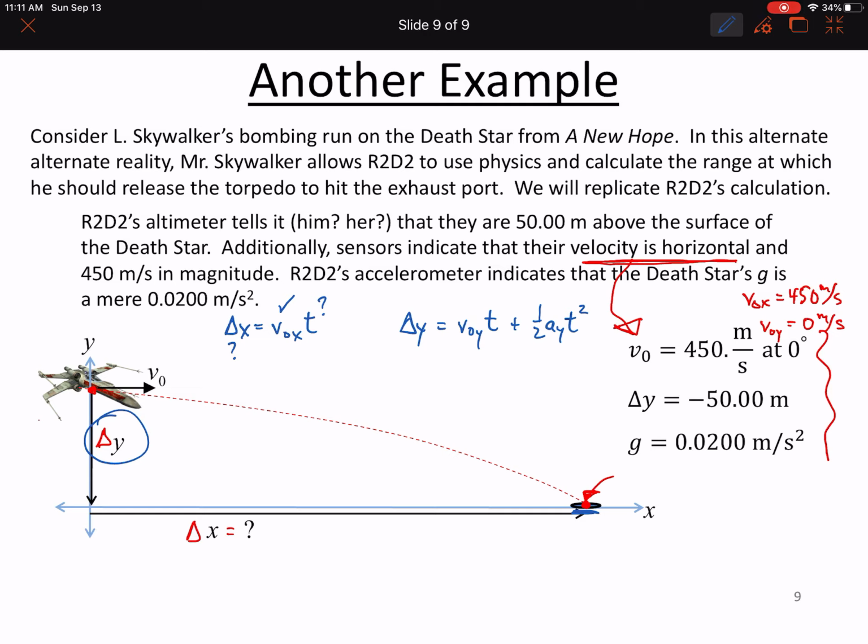And the reason we don't have to do that is because the initial vertical velocity is 0. It's released when the X-wing is moving at a level velocity, right? Horizontal along the surface of the Death Star. So this term drops out of the equation because that bit of it is 0.